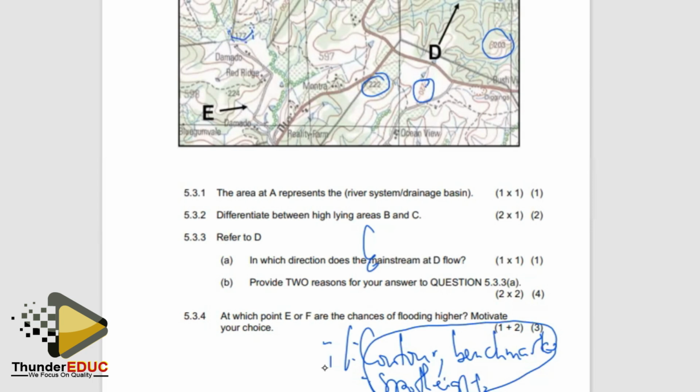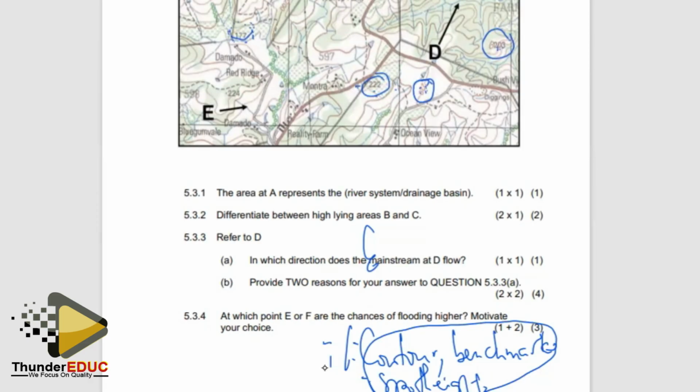So what is the implication? It means this area here is a high-lying area with heights above 220. This area is a little bit lower with a height of 203 meters. And this one is slightly lower with a height of 177 meters above sea level.